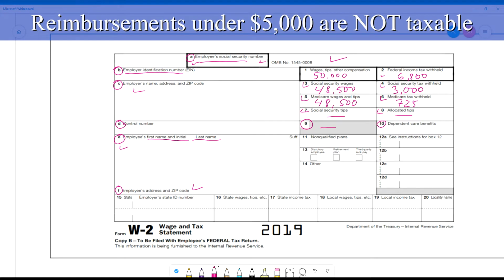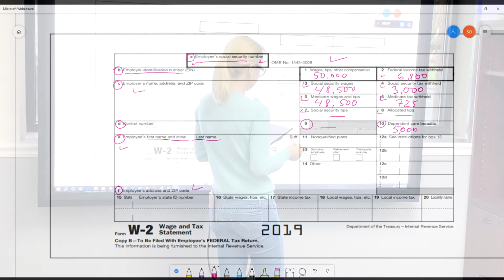Dependent care benefits. Say in our example, it will be $5,000. Your employer will report the total benefits paid on your behalf under a Dependent Care Assistance Program, including those greater than the $5,000 exclusion. Amounts of $5,000 or less paid under a qualified plan are non-taxable benefits.